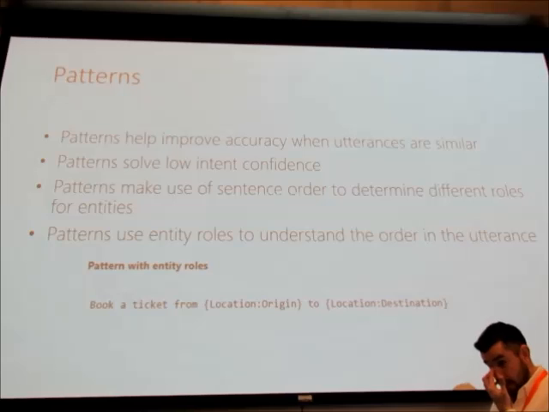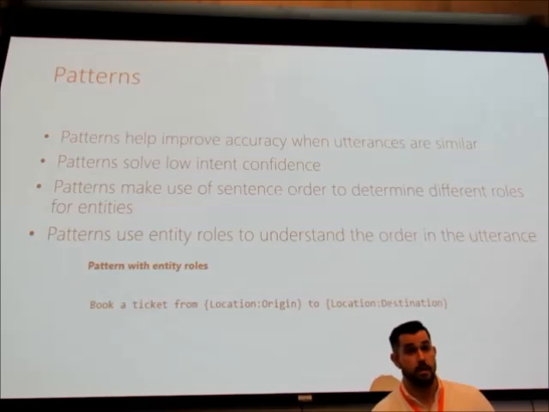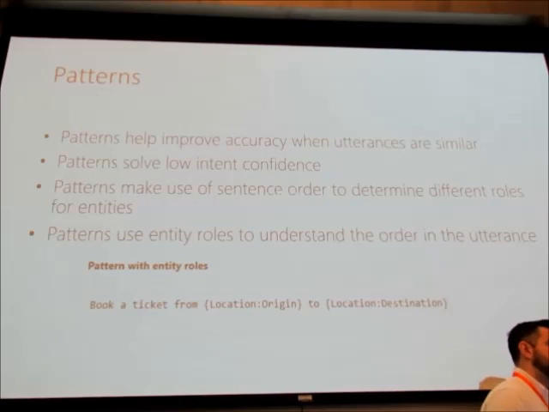Another technique is patterns. Patterns help us solve problems when our intent score is low. It doesn't really help us very much with entities, but it helps when our model is not picking the right intent. The first thing we do with patterns is understand that there's an importance in the order of the sentence.